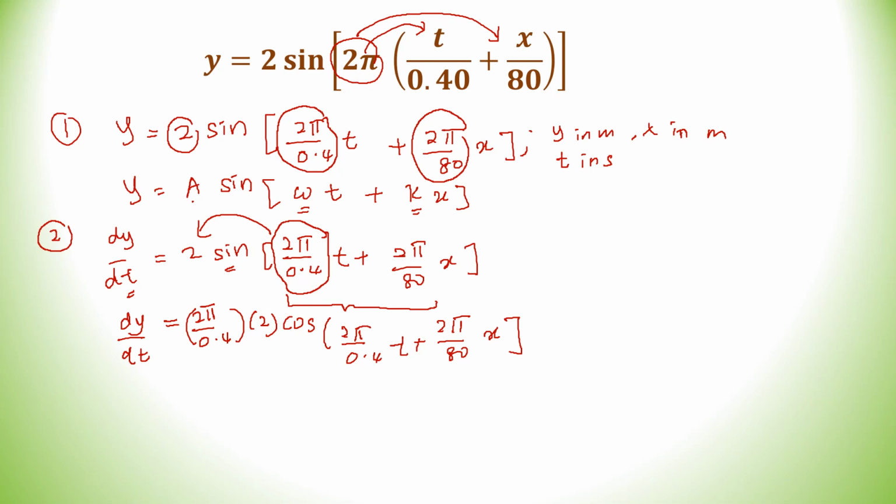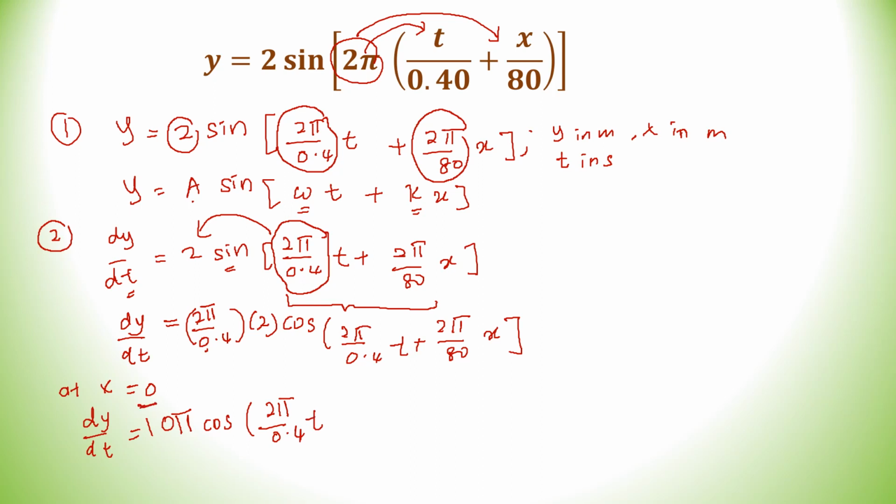So what happened at x equals 0? At x equals 0, your equation becomes dy/dt equals, simplify your equation, 2 pi times 2, 4 pi divided by 0.4. 4 divided by 0.4, your answer is 10 pi cos of 2 pi over 0.4 t.